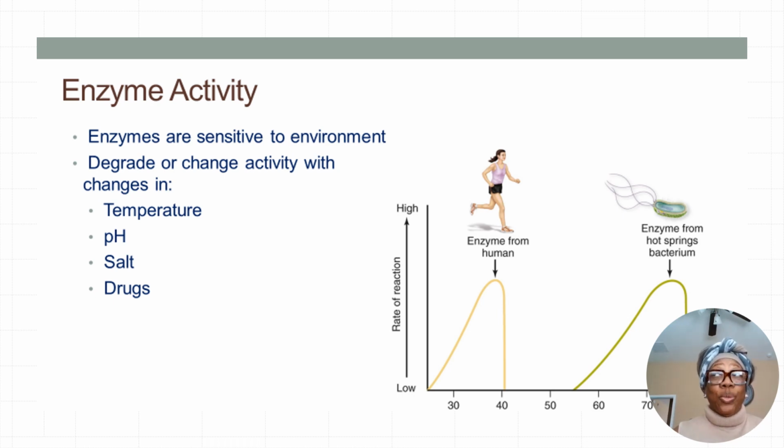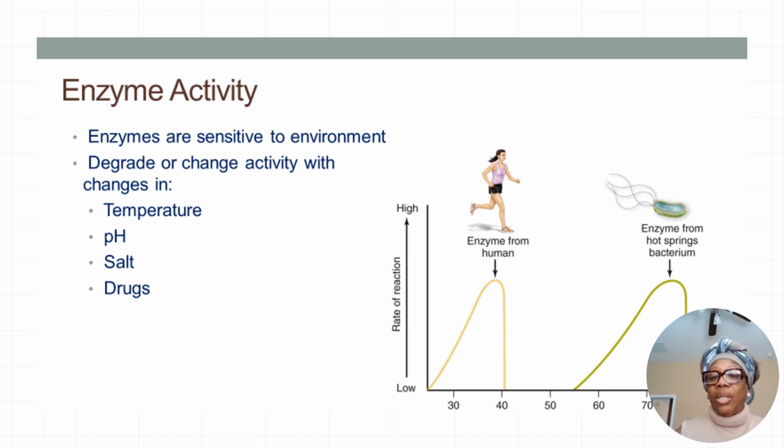So just like with proteins, the folding of proteins, tertiary, quaternary, or what have you, that determines what type of protein it is and how it will act and what it's used for. Similarly, enzymes are the same way.